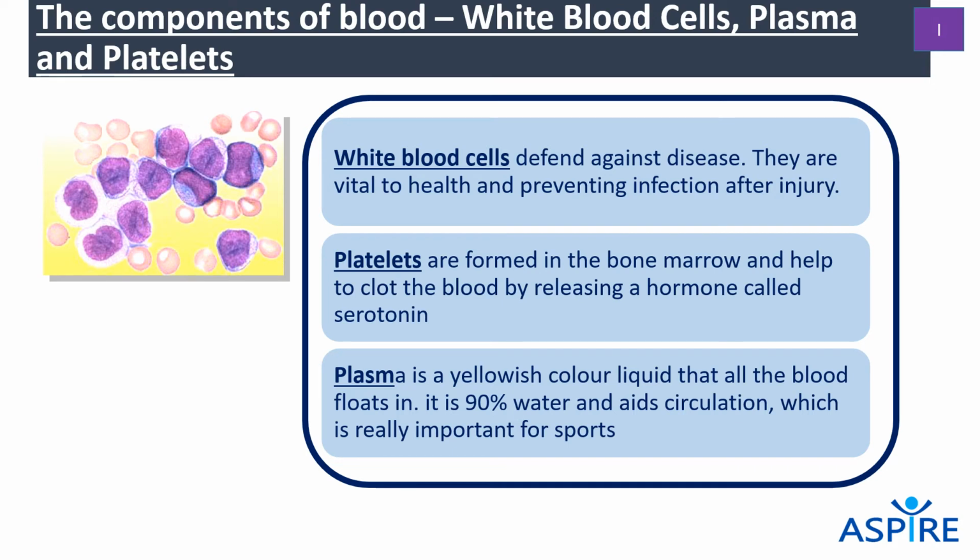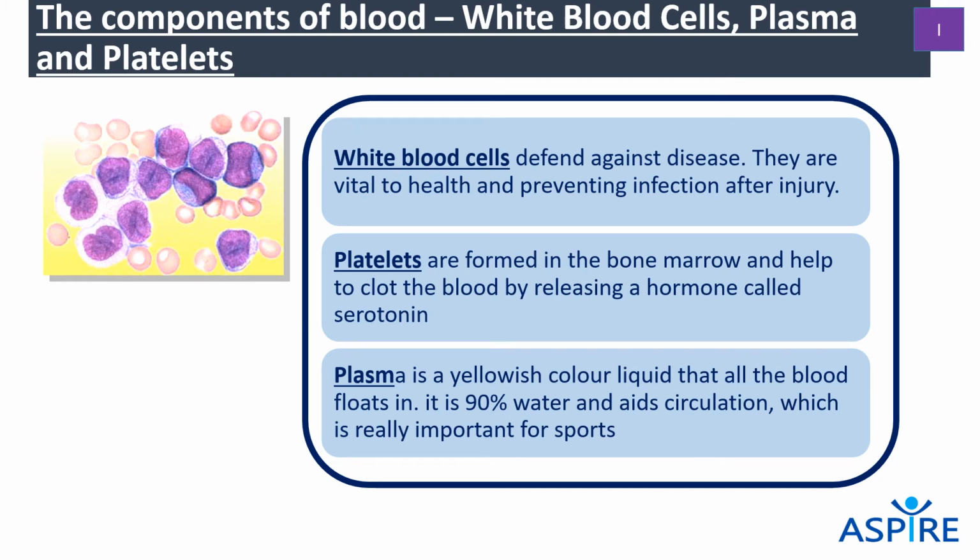Now, anytime we get cut, obviously opens up the body to a higher risk of infection because those infectious pathogens can come into our body and into our blood. So these white blood cells help to keep us healthy, fight diseases like the common cold, and enable us to train, enable us to play, and reduce that risk of infection.